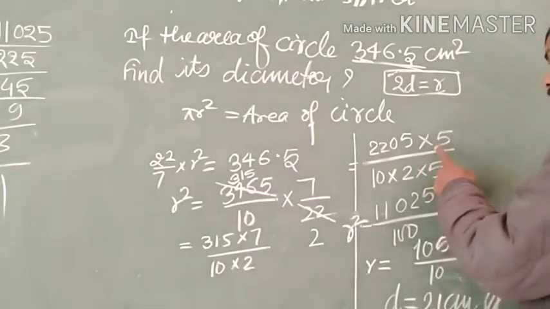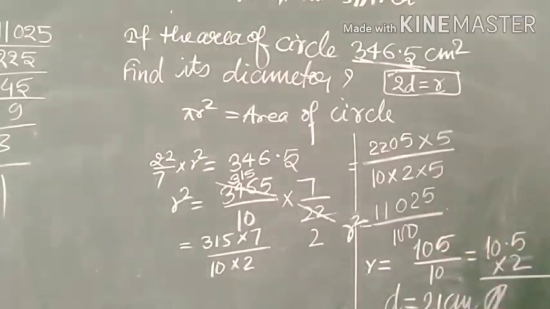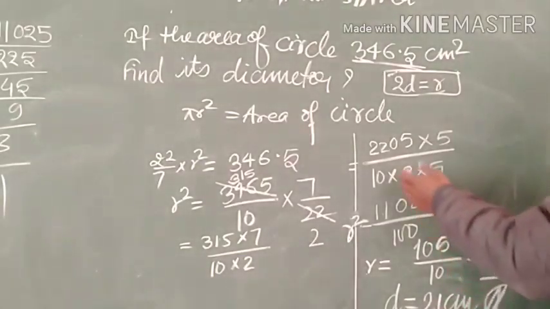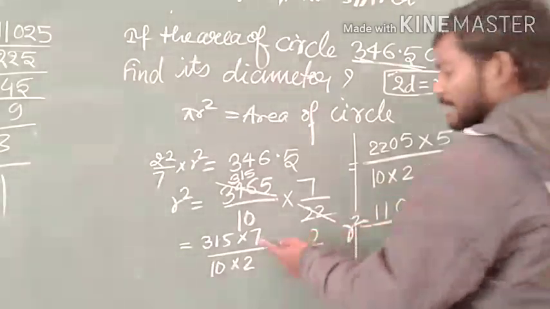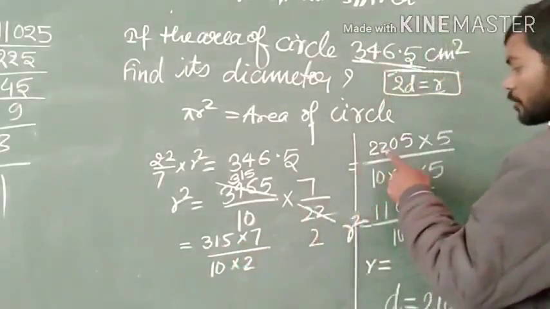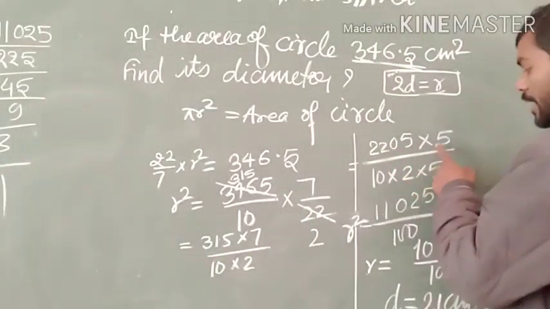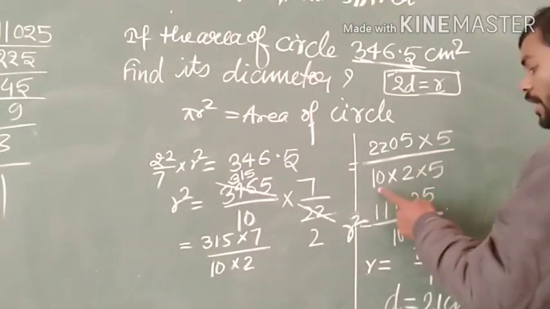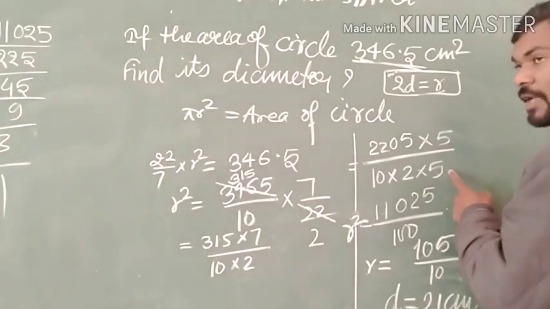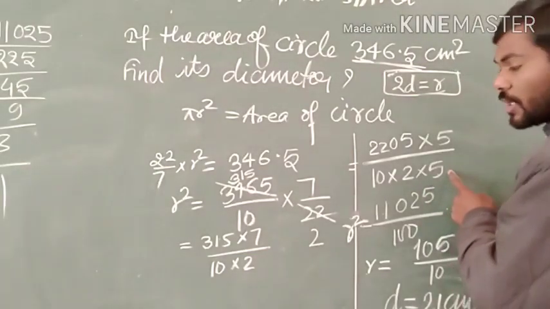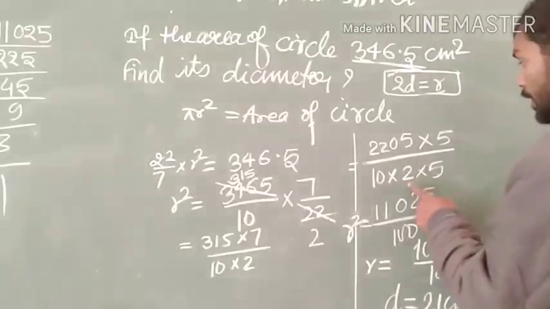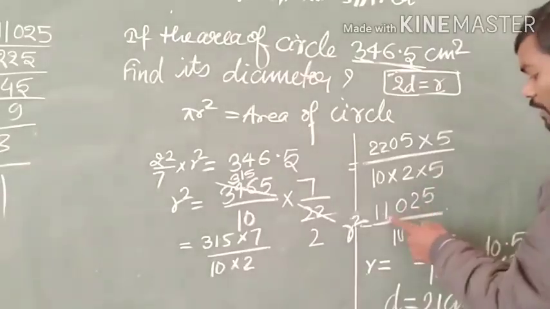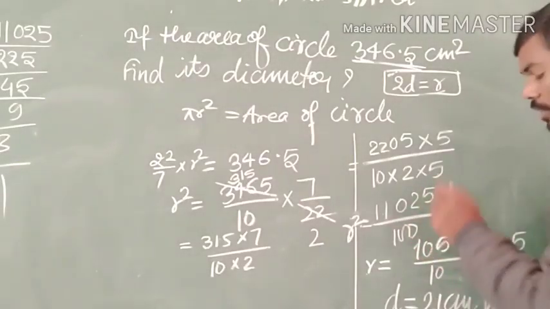So here we multiply by 5 and divide by 5, and when we multiply 7 into 315, we get 2205, and here we multiply 5 and 10 into 2 multiplied by 5. Okay, now after solving, we get 11025 upon 100.